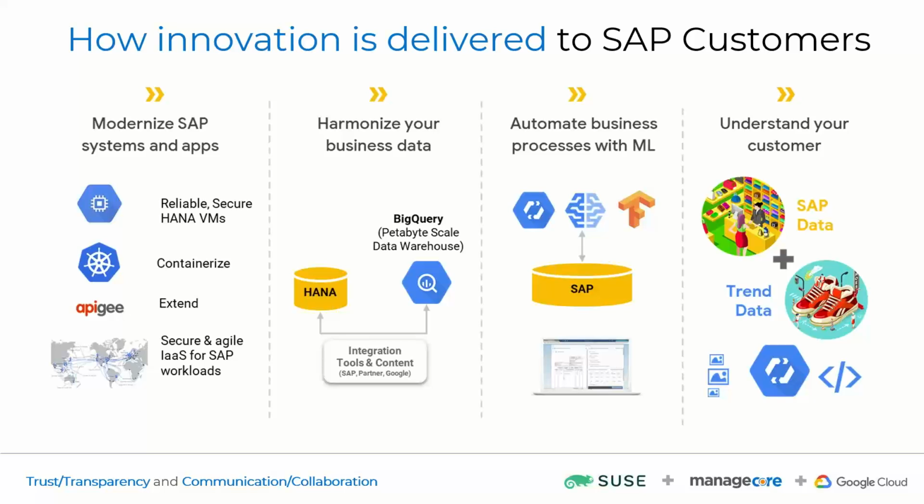Okay. So before I get into exactly what a migration would look like, I want to spend a few minutes talking about what SAP on GCP looks like and the benefits of migrating to a platform like GCP. And really, you have to think about GCP as an innovation platform and a transformational platform more than just a lift and shift.